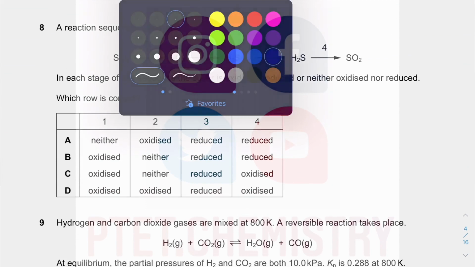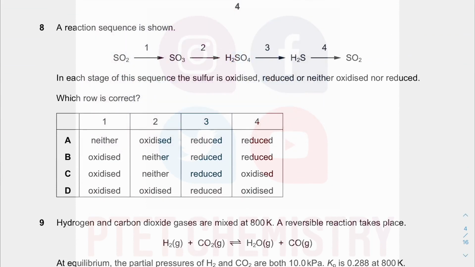Question 8. So we have a reaction sequence here. It's not really about the production of H2SO4, but anyway. Sulfur there is +4 because SO2 overall has no charge. Sulfur is what you want to find, with -2 for each oxygen. Sulfur is +4.